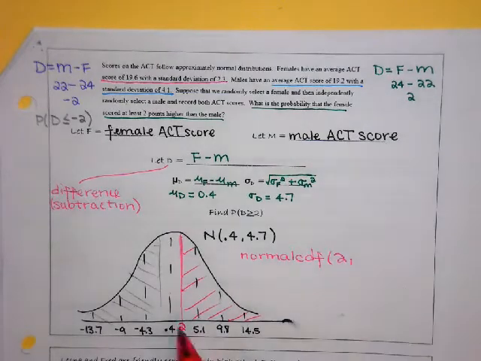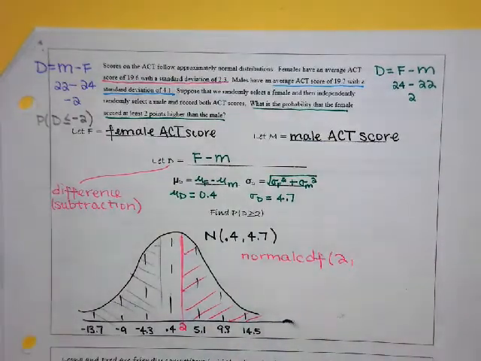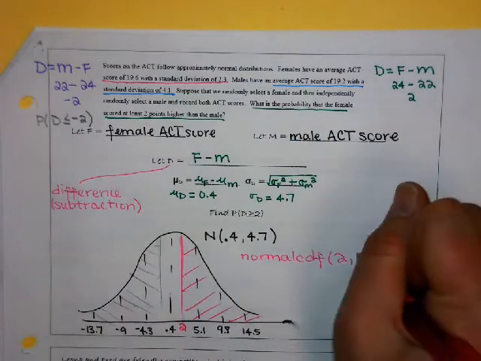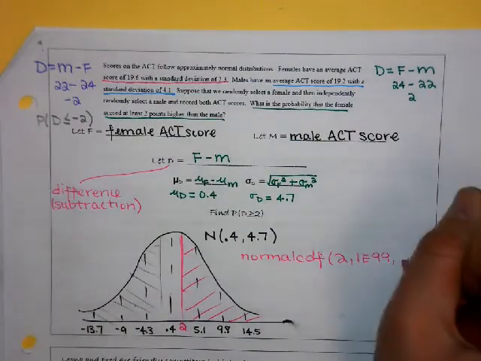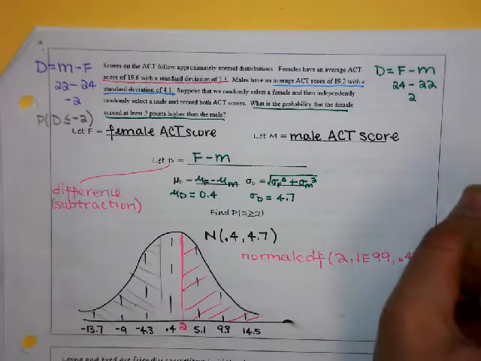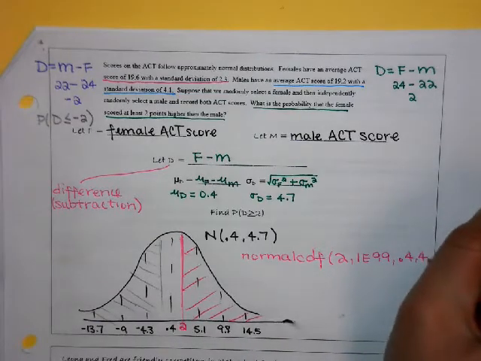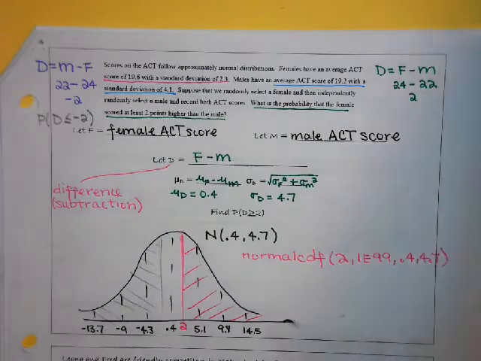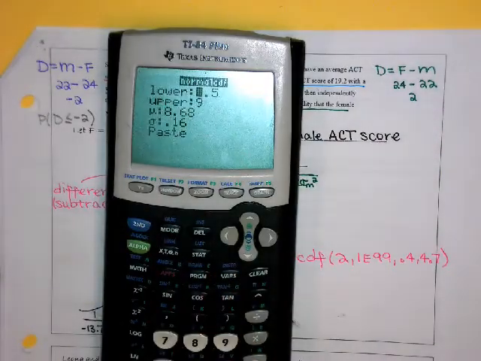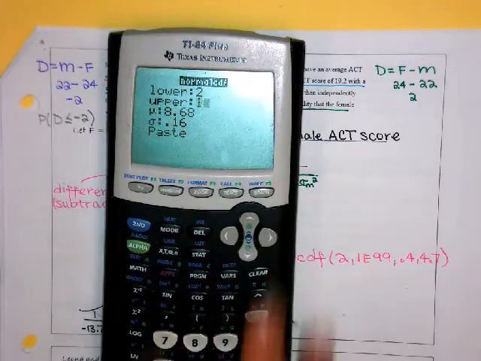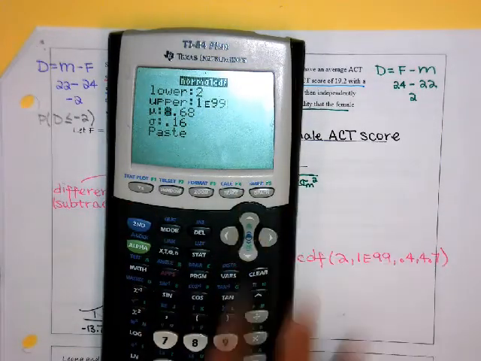Mean is 0.4, standard deviation of 4.7. Two, really big number, 0.4 and 4.7. So we get 0.3668 when we round.